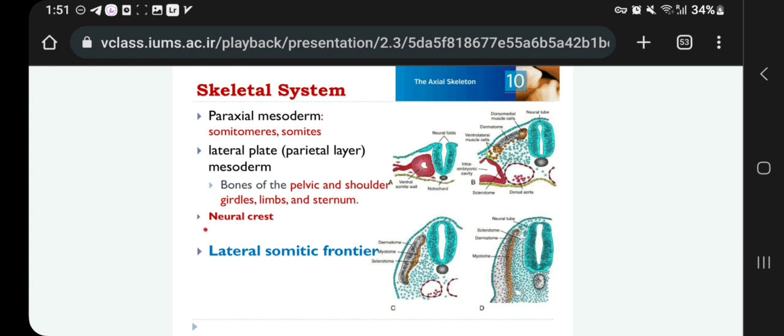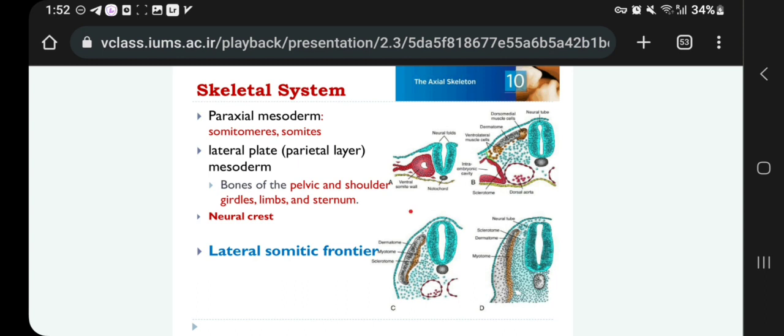And the third source for the skeletal system of the face and skull is the neural crest. You can see here the border between the somite or somitomere, the paraxial mesoderm, and the lateral plate mesoderm is this green line.